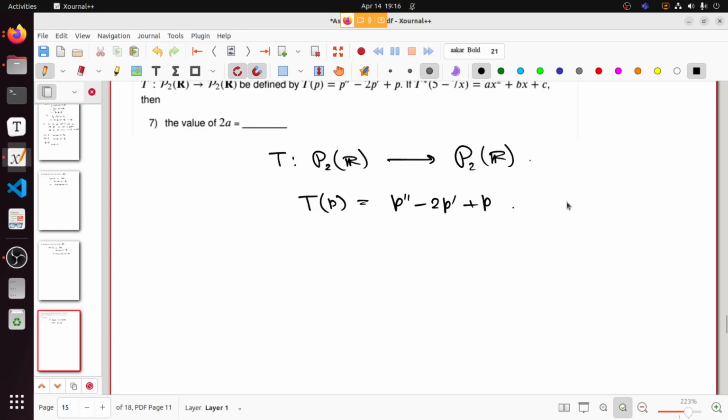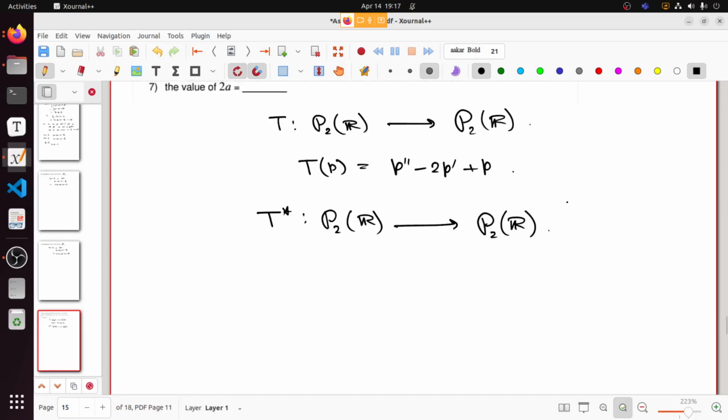So T* again will be mapped from P2(R) to P2(R), right? And because this is the adjoint of T, it will satisfy the relation <p, T*q> equals <Tp, q>, right?